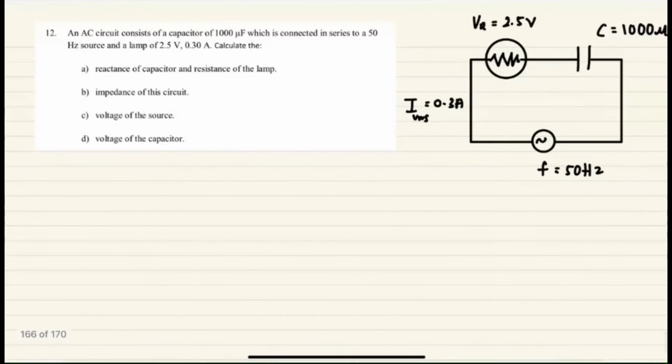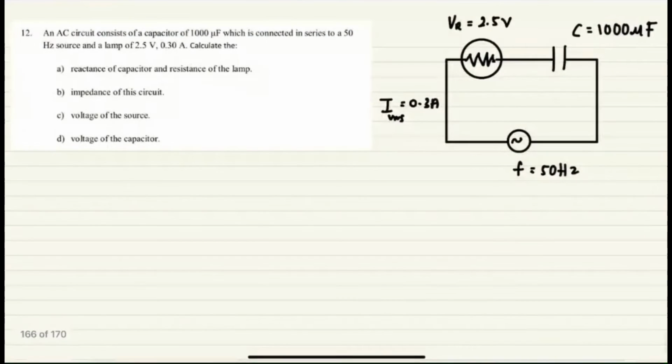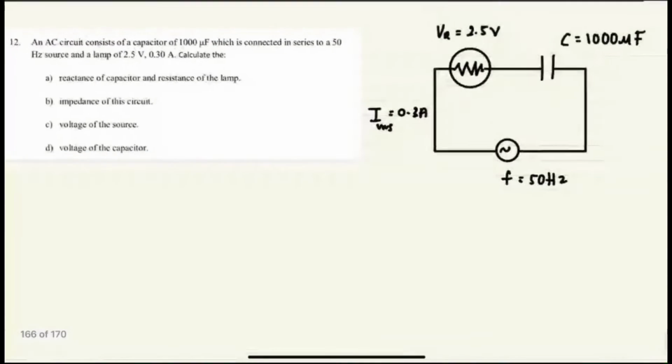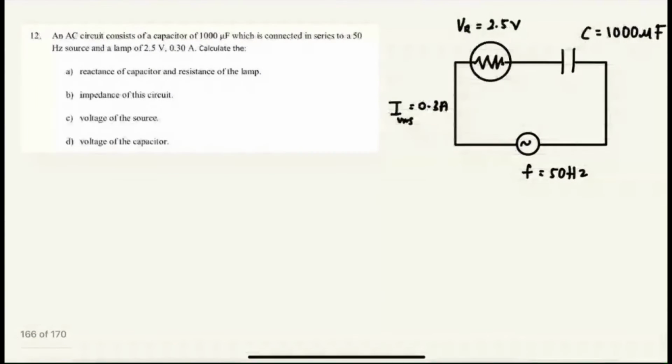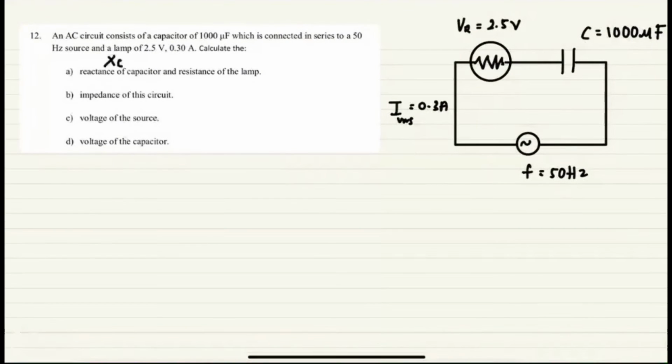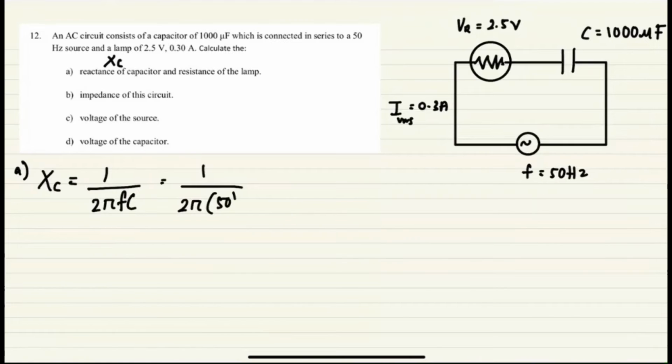First question, they want to calculate the reactance of the capacitor and the resistance of the lamp. Let's do XC first, the reactance of the capacitor. The frequency is given, so straight away XC is 1 over 2 pi FC, where C is given. Micro is times 10⁻⁶.